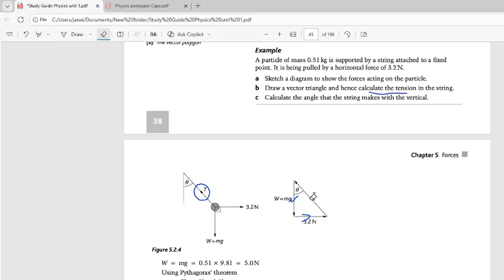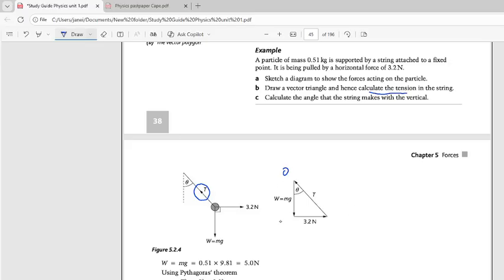Then they went ahead and found the hypotenuse. Using Pythagoras' theorem, let's call this O, this A, and this B. We would say that OB squared is equal to AO squared plus AB squared.